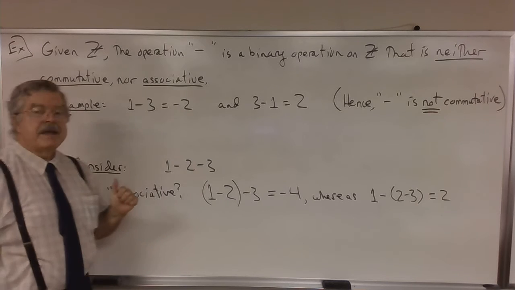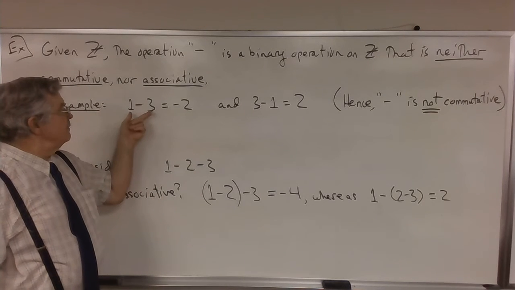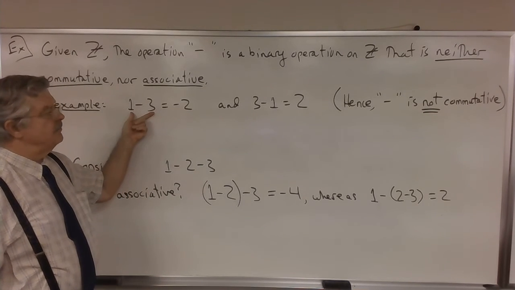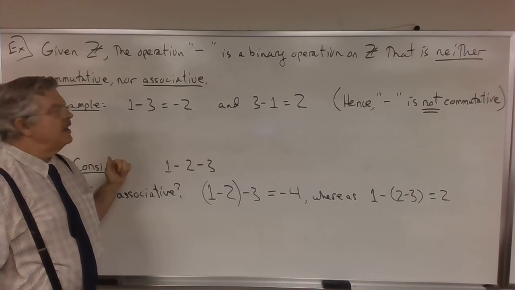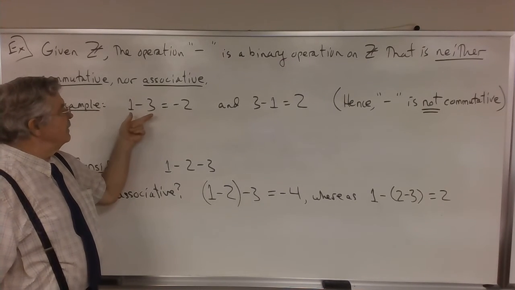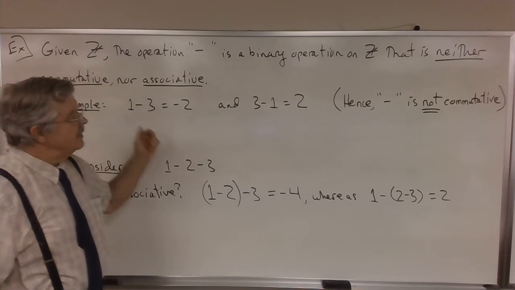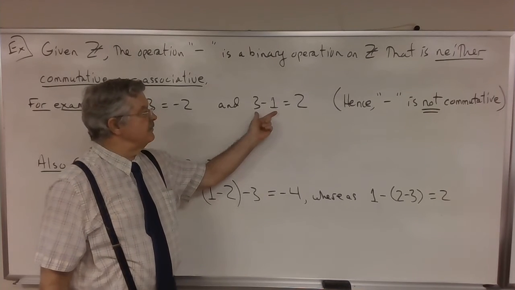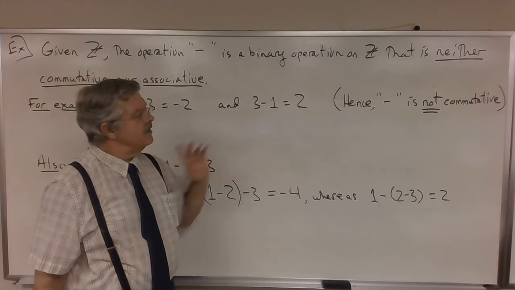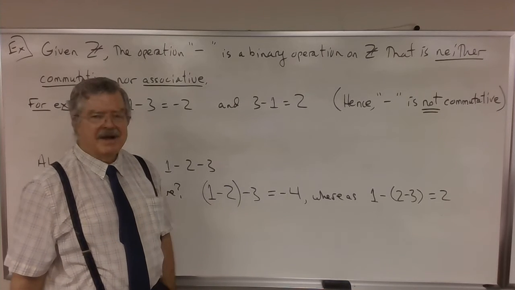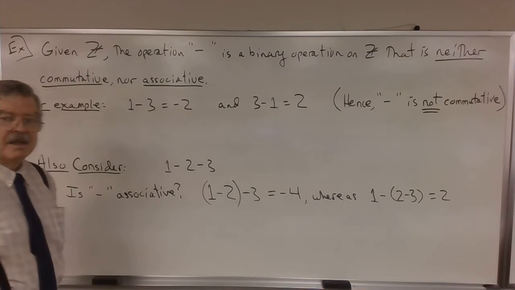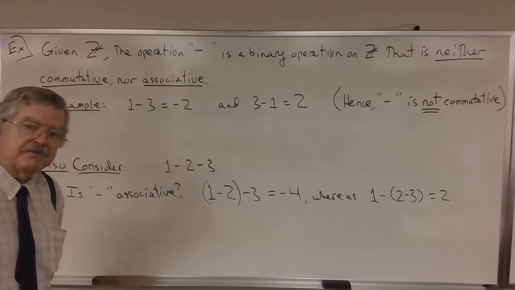The element that's assigned to this ordered pair is not the same as the element assigned to this ordered pair, so the operation is not commutative. Not only that, it's not associative either.